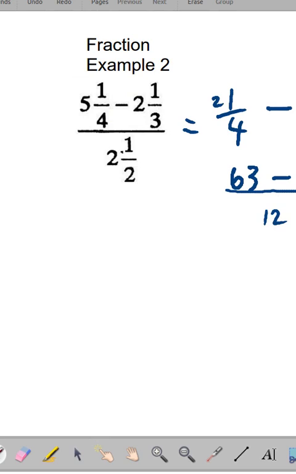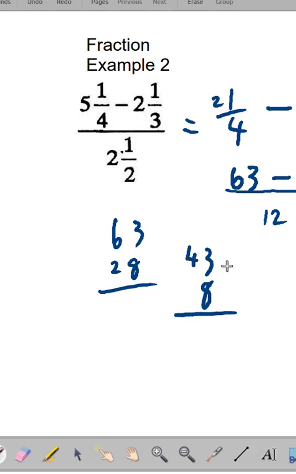So this is 63 minus 28. 63 minus 28 is what? Well, let me drop 20 from each. That's going to be 43 minus 8. And 43 minus 8. If I drop 3 from each, I get 40 minus 5, which is 35.